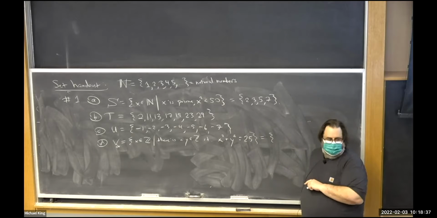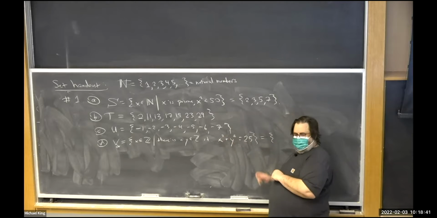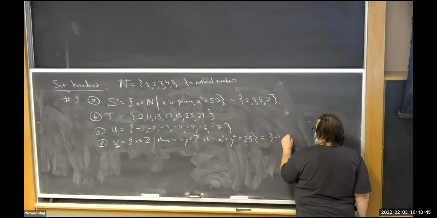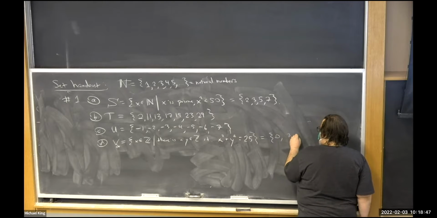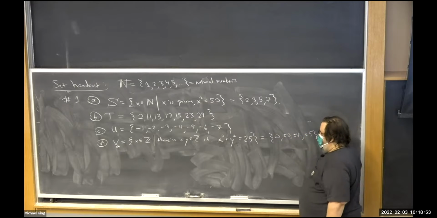What else did you say? Yeah, because 0 squared plus 5 squared is 25 and 5 squared plus 0 squared is 25. So you could actually have plus or minus, if it was like that.